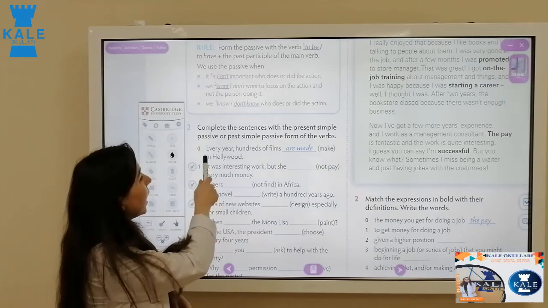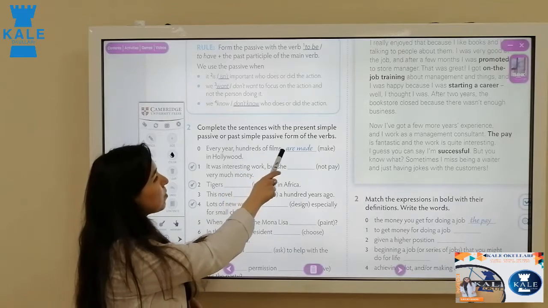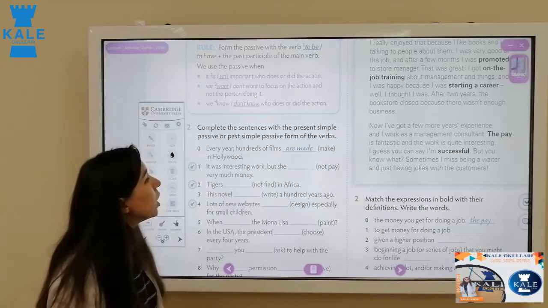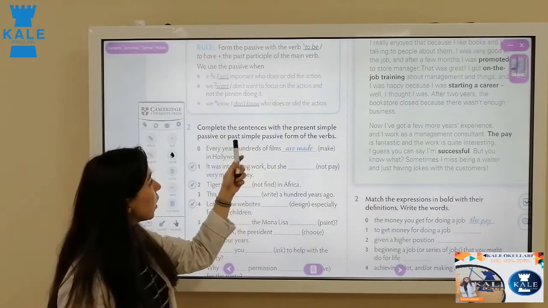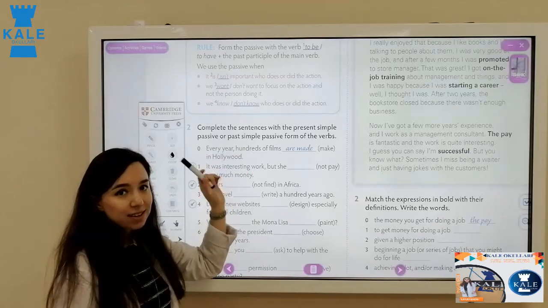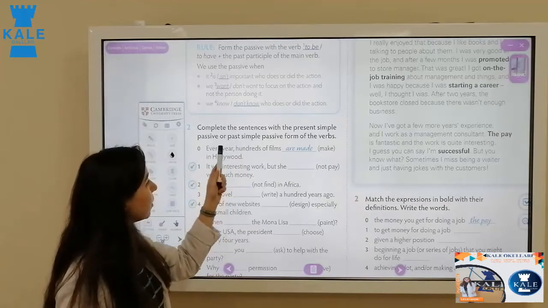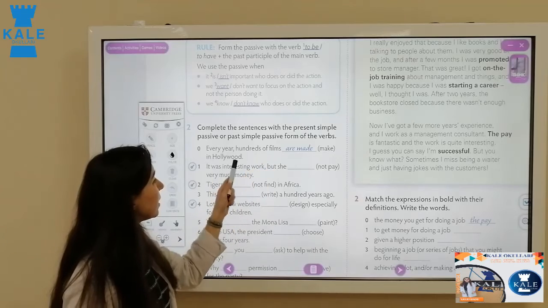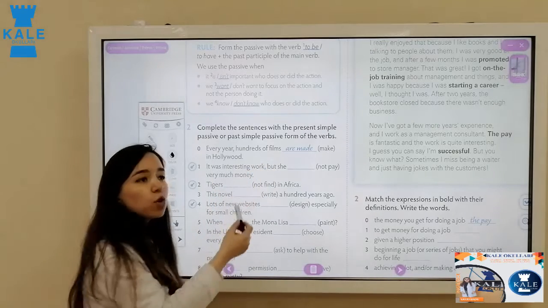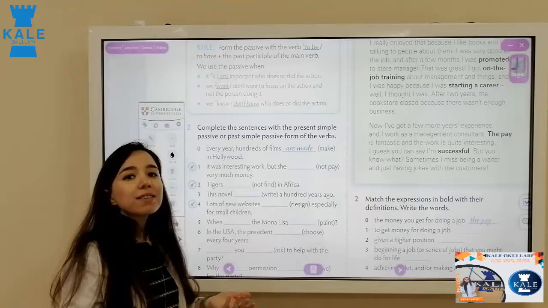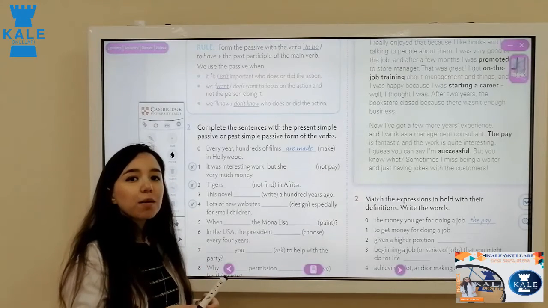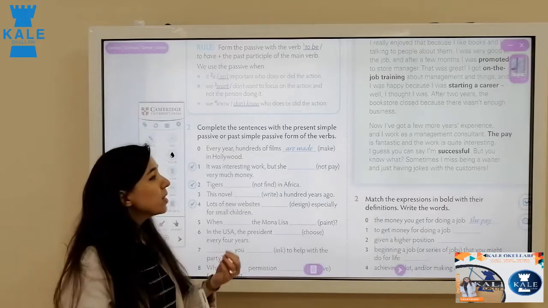So first one, every year hundreds of films are made in Hollywood. Look at here, because here we are going to use passive in the sentences, not active. Every year hundreds of films are made in Hollywood. Here we don't know by whom. By some people, for example, by some directors. So what do you think?